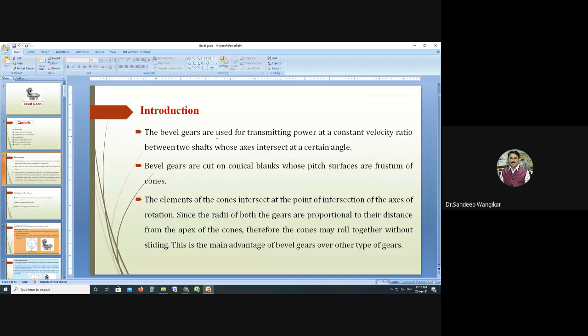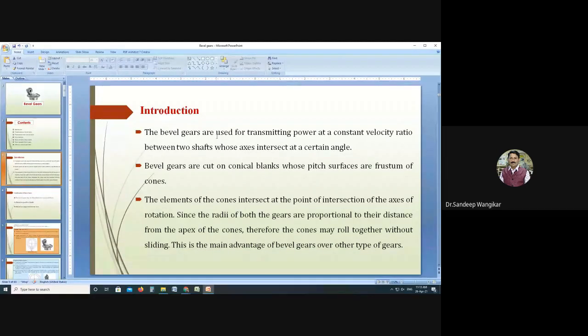So very important for intersecting shafts. Bevel gears are cut on the conical blanks whose pitch surfaces are frustum of cones.